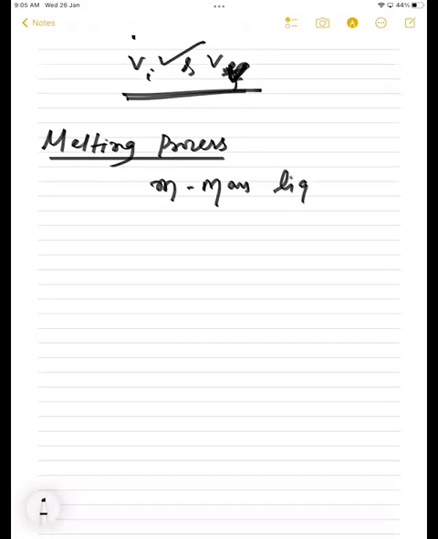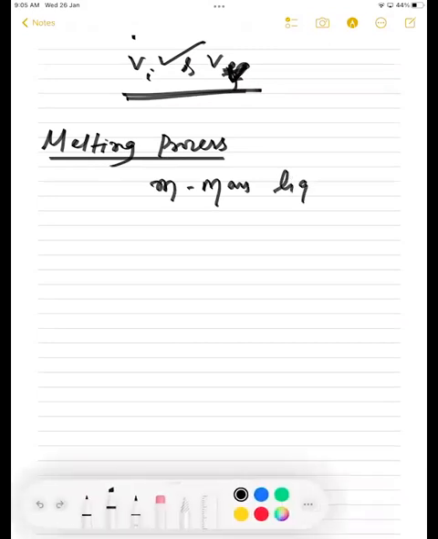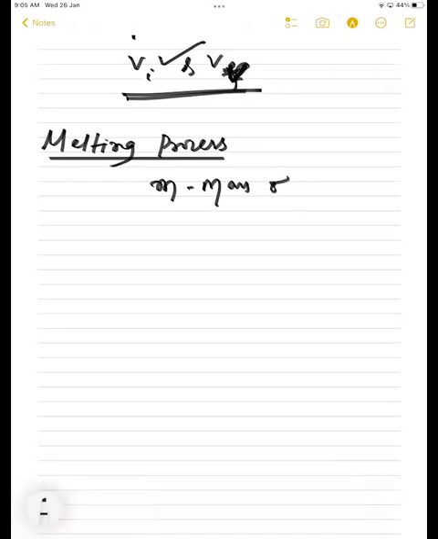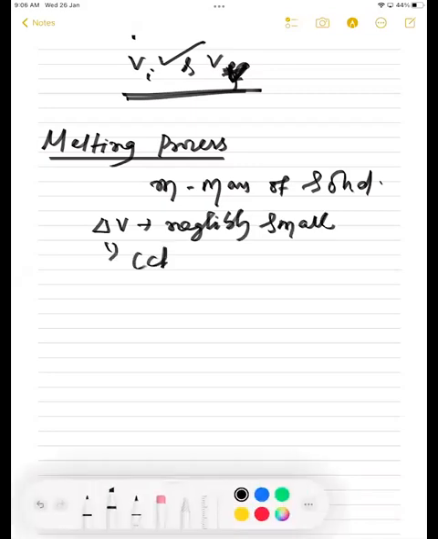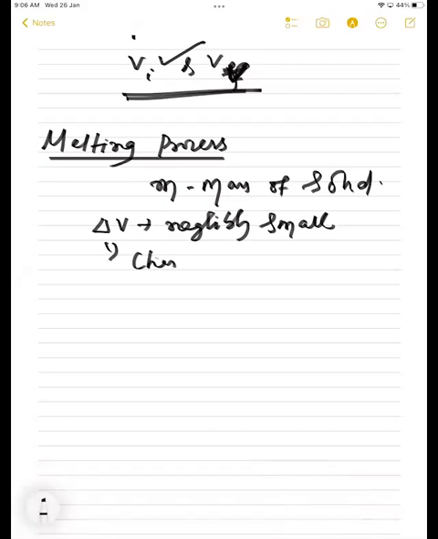Solid to liquid is known as melting, right, students? When the solid melts, the change in its volume, let it be delta V, is negligibly small. Ice will be converted to liquid, but the volume will remain almost the same. Getting it, students?